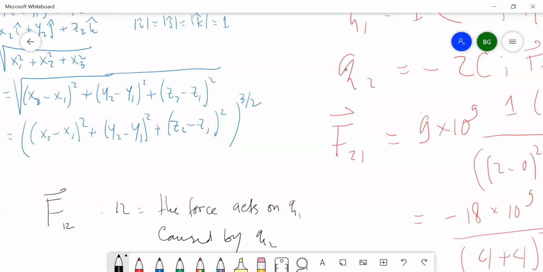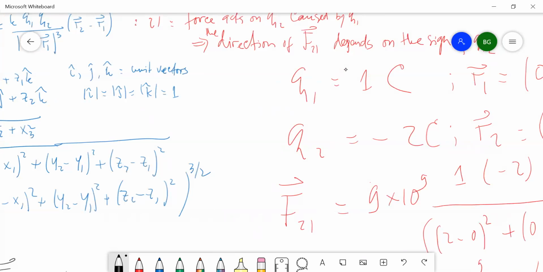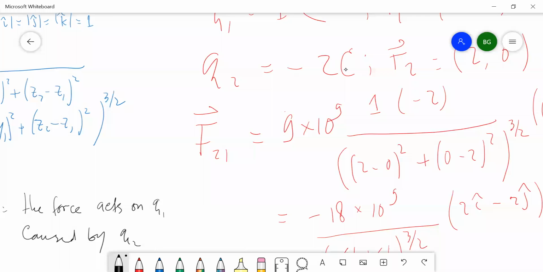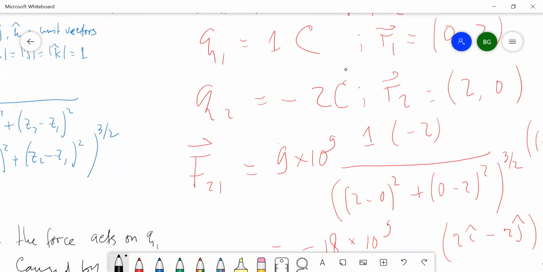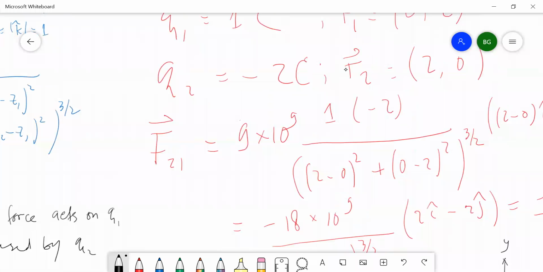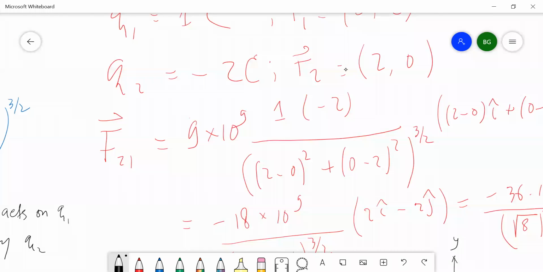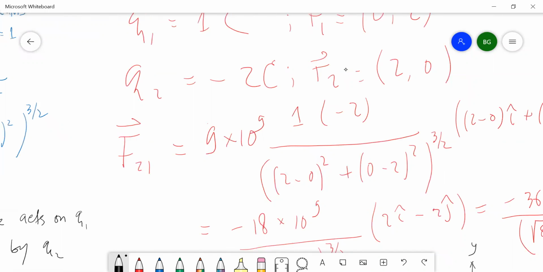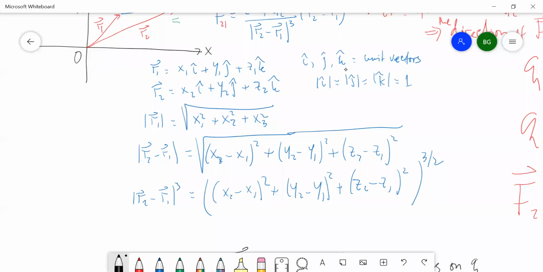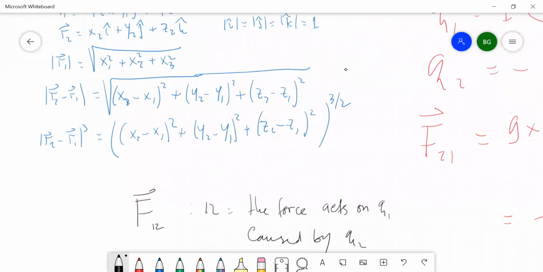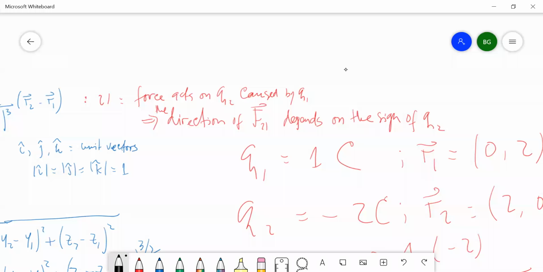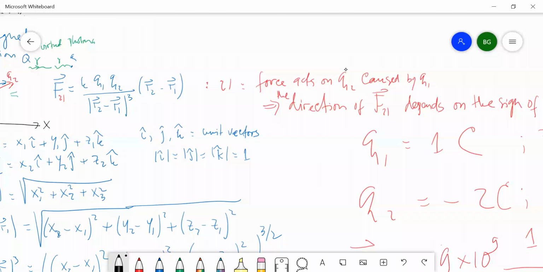So if we insert the data, for example, we have Q1 is one coulomb, and Q2 is minus 2 coulomb.